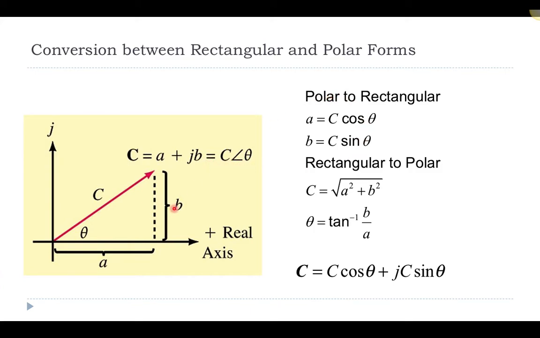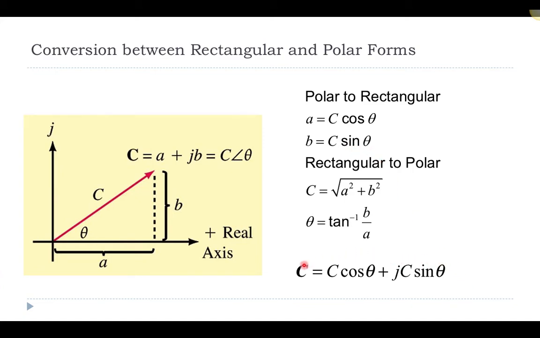If I have the polar form and I want to go to rectangular form, I use the fact that I have a right triangle, and I can find the adjacent side here, the real part, by taking the magnitude times cosine of the angle, and I can find the imaginary part, the opposite side, by taking the hypotenuse times sine of the angle.